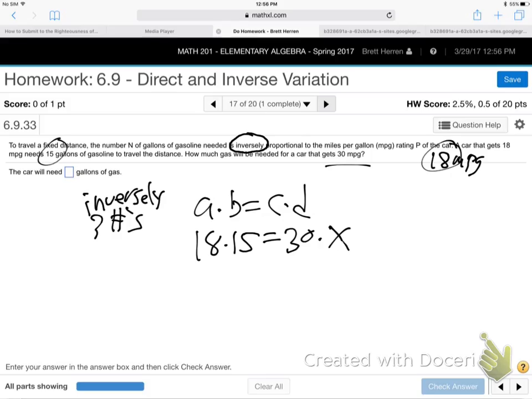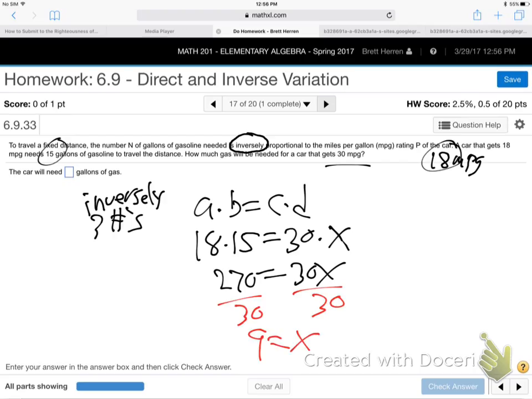Is that what it is? So what's 18 times 15? 270. Oh, that is the 270. 30x. How do we solve for x? Divide by 30. x is 9. That makes sense? That's how much gas? 9 gallons of gas. Less gas when you get better gas mileage.